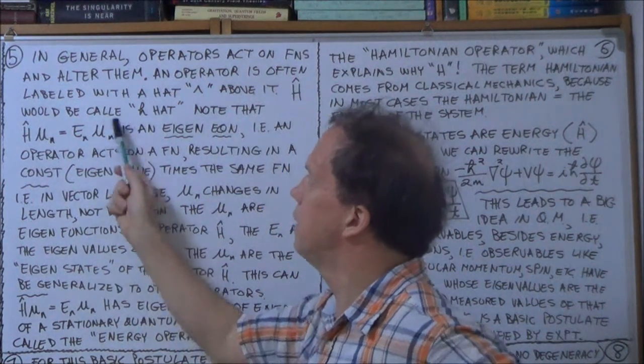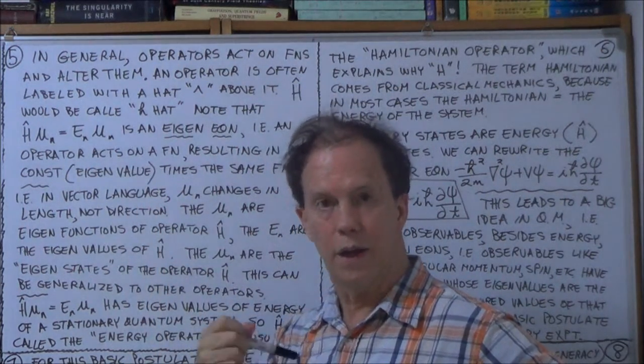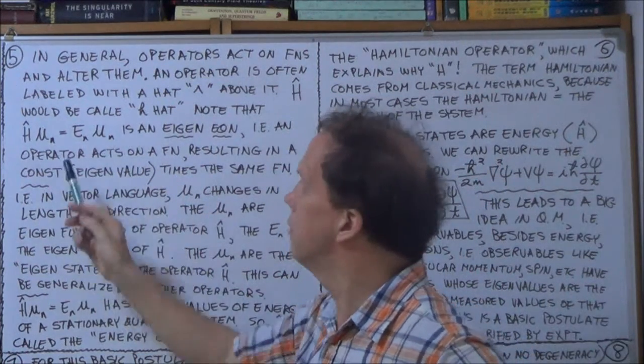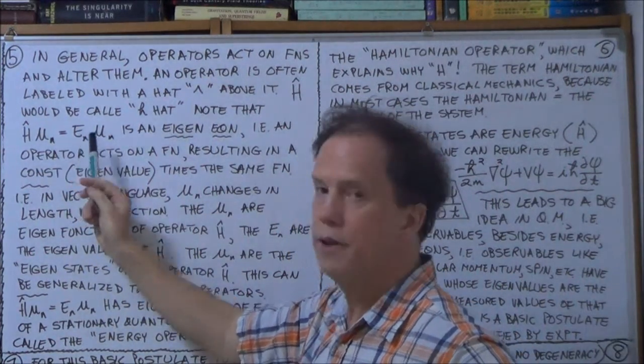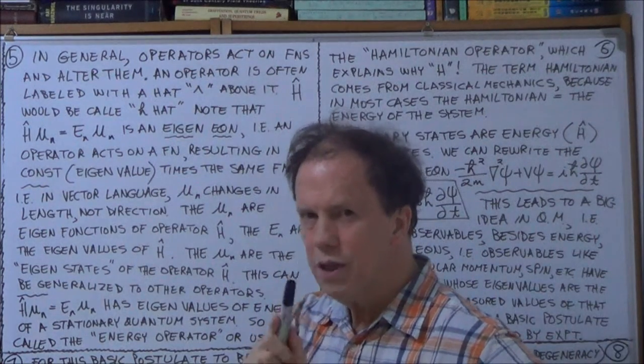So then, in a sense, by solving an eigenequation, you get the allowed values for your observable, right? That's what I just said is really significant.